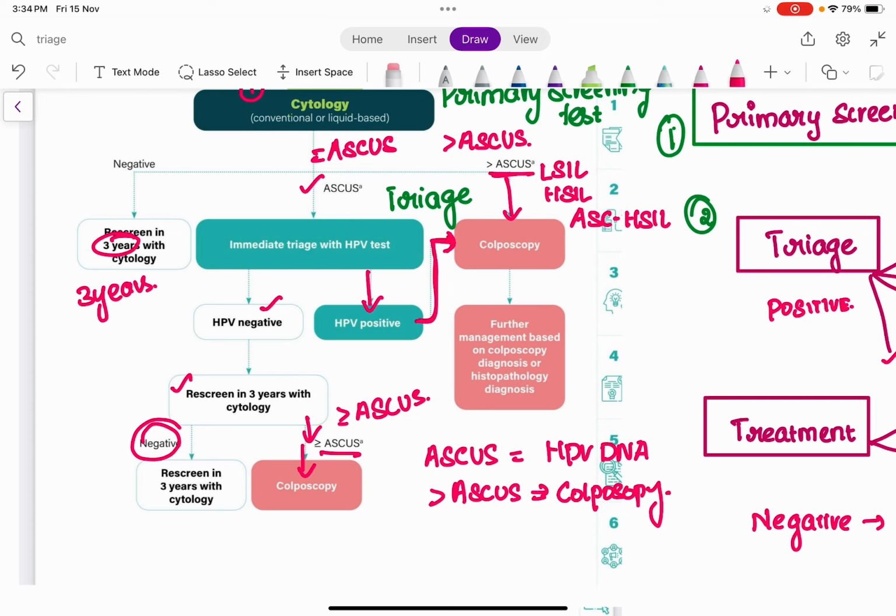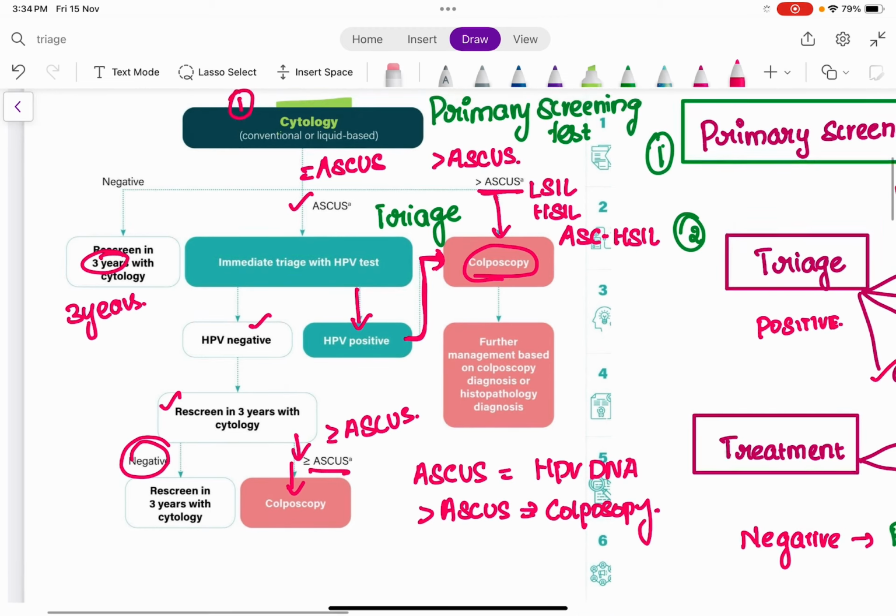Now you have to follow up with the triage test of colposcopy. Is that clear? Anything equal to atypical squamous cells of unknown significance, keep the triage as HPV DNA. HPV DNA can be either negative or positive. If it is positive, follow up with the triage test of colposcopy. If it is negative, just repeat the test.